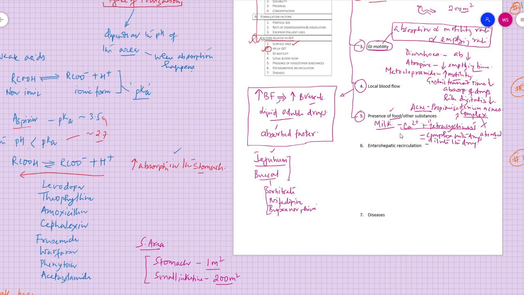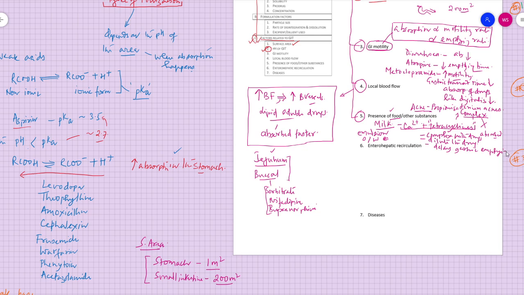And milk is an emulsion. It's an oil in water emulsion, meaning fat droplets are suspended in water. If we observe milk under a microscope, we're going to see fat droplets. Now this fat has got the property that it can delay gastric emptying. Fatty foods can delay gastric emptying.